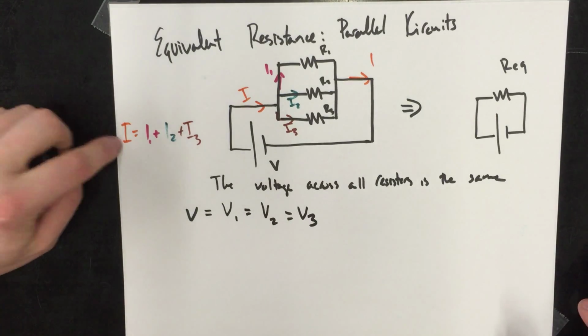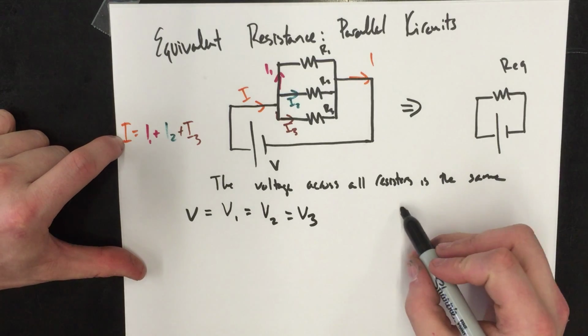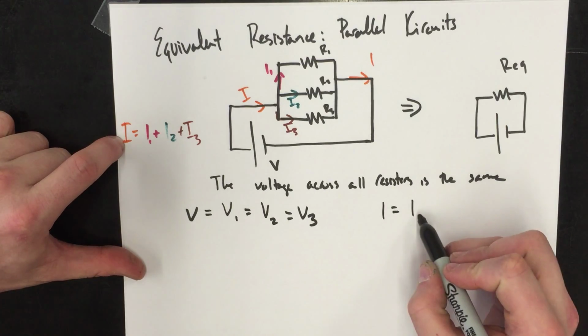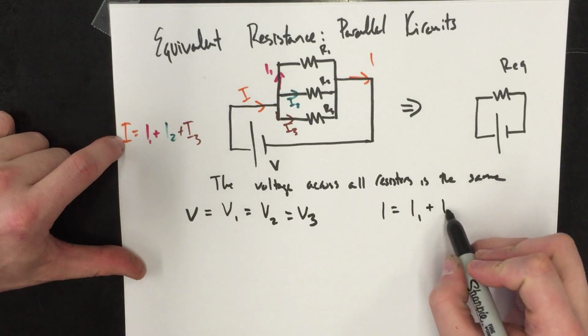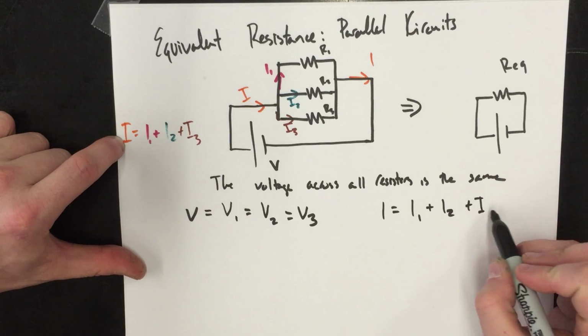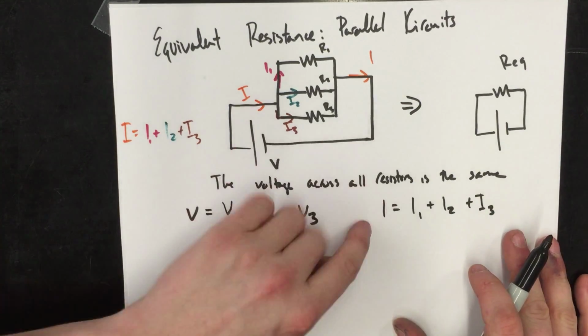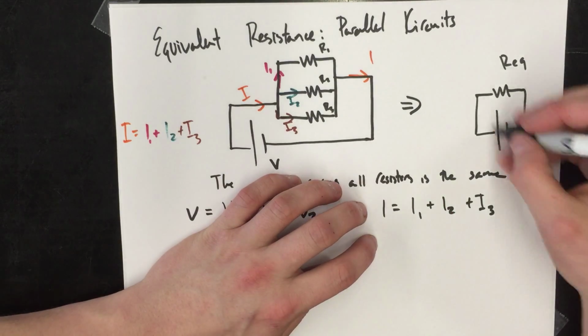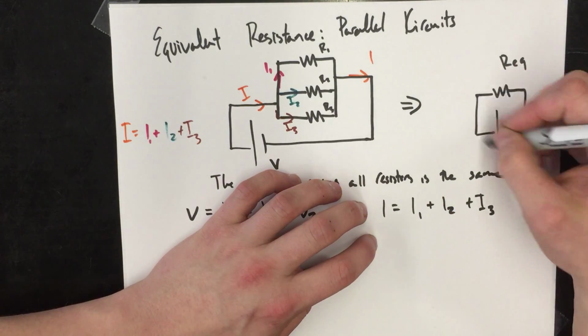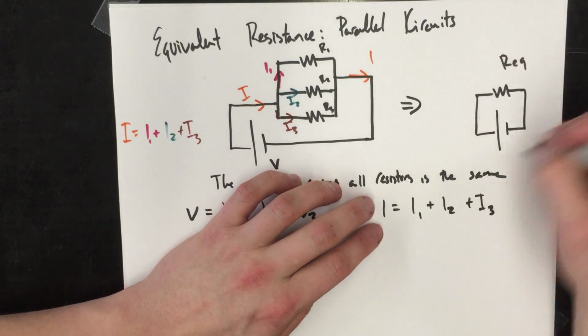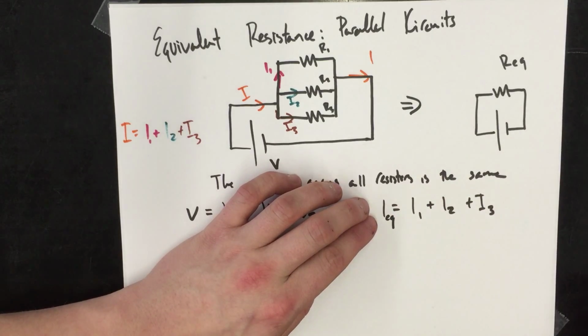The equation that I'm going to work with, though, is over here. I'm going to pull this out here, and my argument is that this current, the total current, will be the same current running through my equivalent circuit. So I'll call this I equivalent.